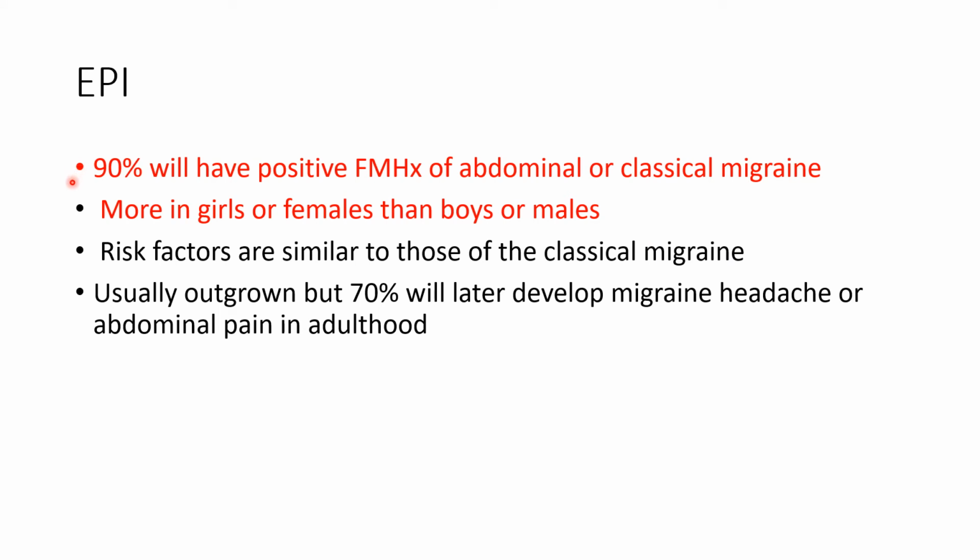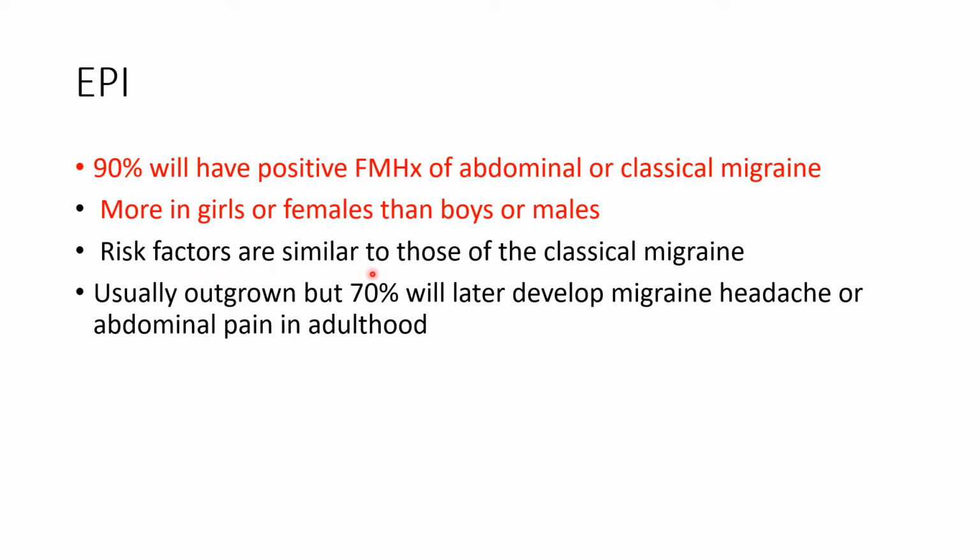Still on epidemiology of abdominal migraine, 90% will have a positive family history of abdominal or classical migraine. More in girls or females than boys or males, just as migraine generally is more in females compared to males at a ratio of 3 to 1 respectively.